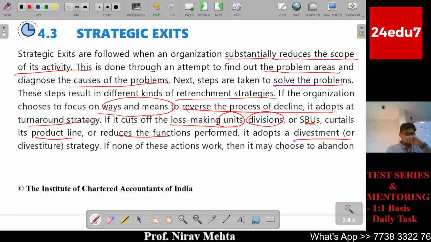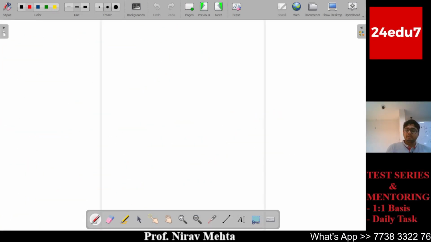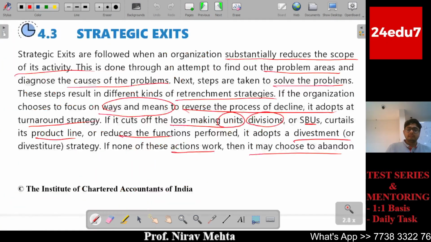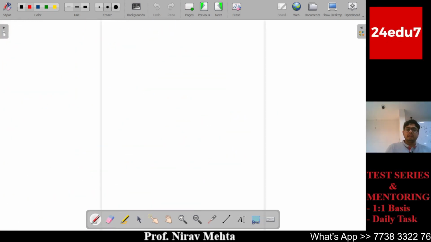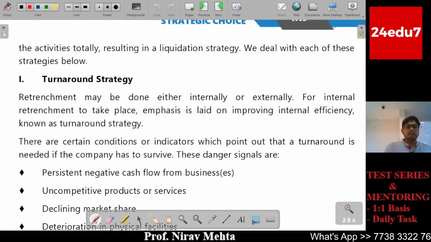If none of these actions work, then it may choose to abandon the activities totally, resulting in liquidation. Correct. Turnaround.